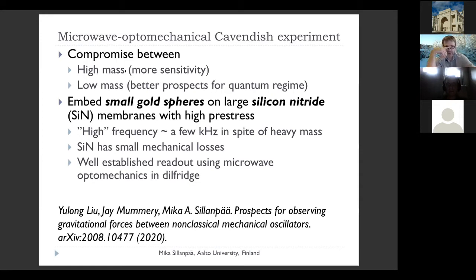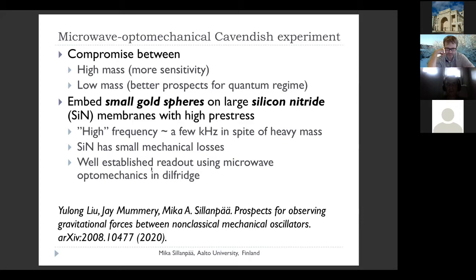It looks like the answer is a frequency of a couple of kilohertz and a mass of around 1 milligram. We selected silicon nitride membrane oscillators, which are really big, several millimeters, and have a very high built-in tensile stress, which allows that even though we place a little gold sphere there, the frequency will still be pretty high. And silicon nitride has very small mechanical losses.